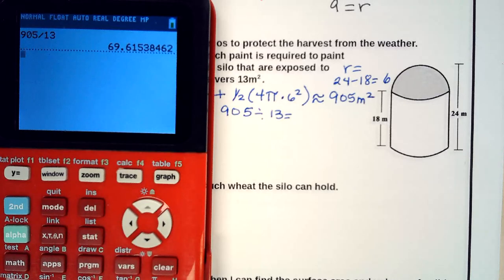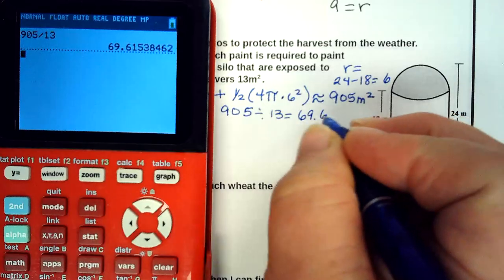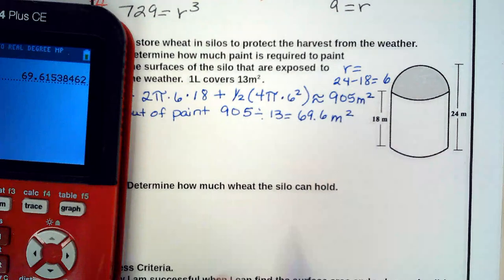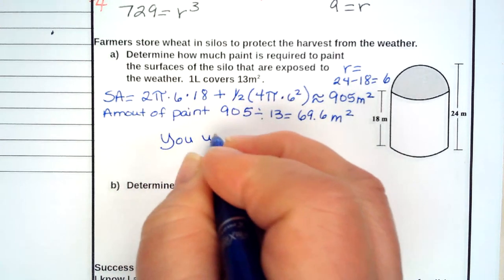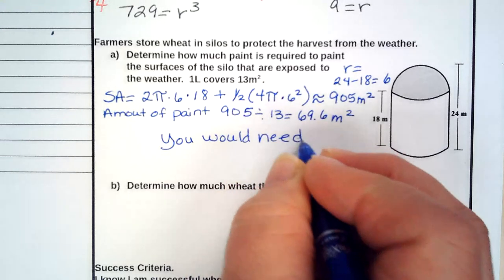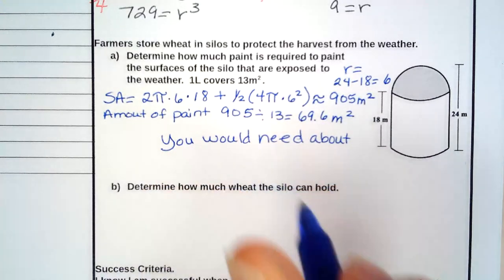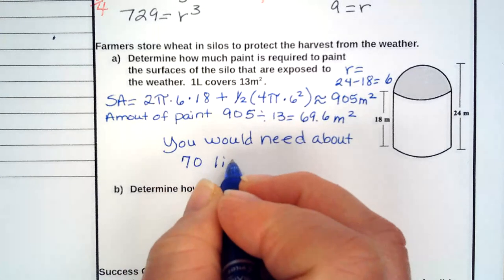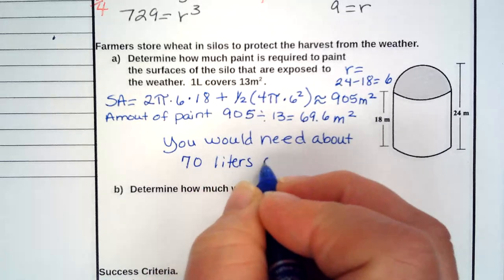You can't divide a liter of paint in half. And that would be meters squared, you would need about 70 liters of paint.